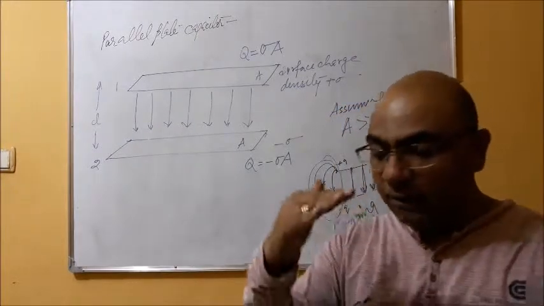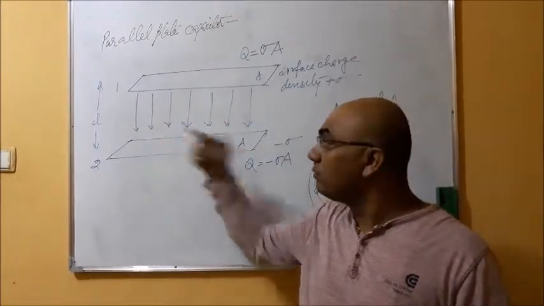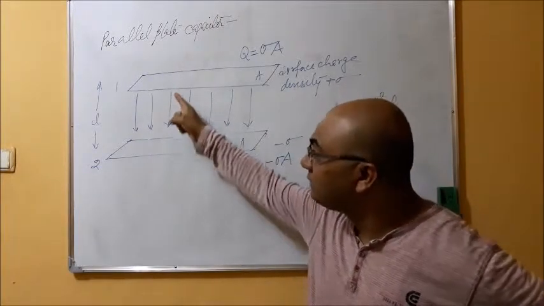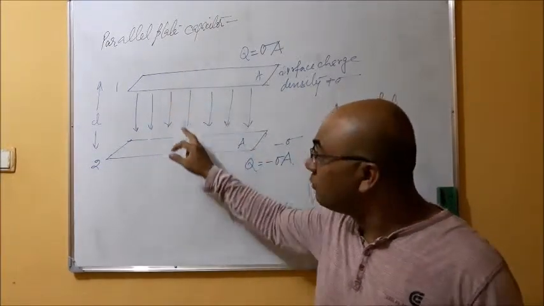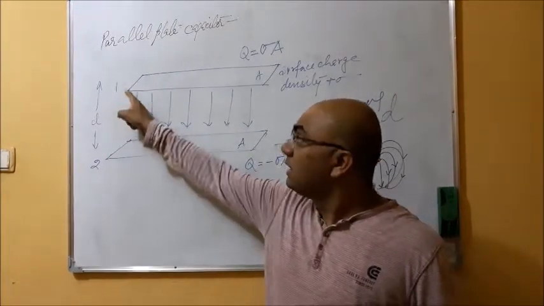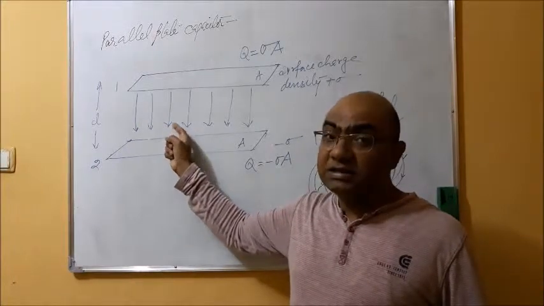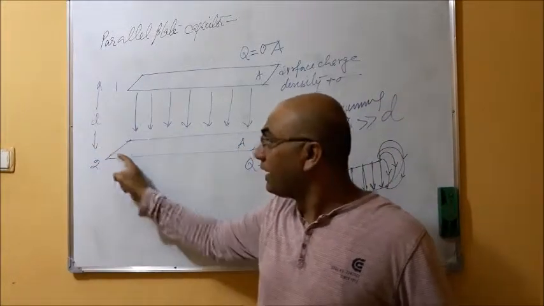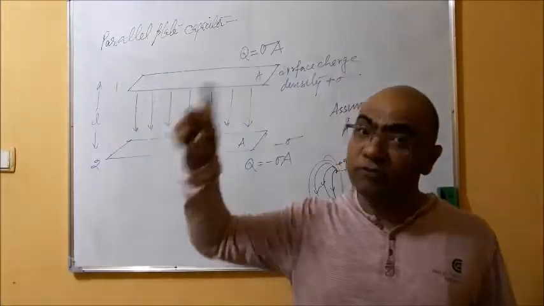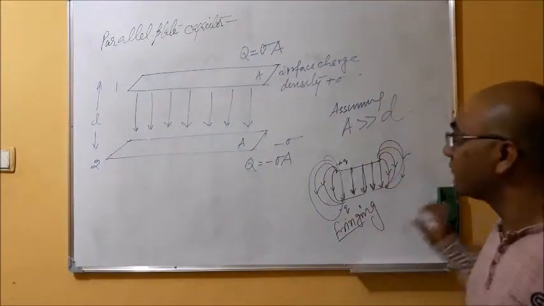This is the fringing effect. If we have two surfaces, then between the surfaces we can assume that the electric field lines will be uniform and will move from positive to negative. But at the corners, the electric field will not be uniform like this. It would have a different shape from the positive plate to the negative plate, and this effect is called the fringing effect.